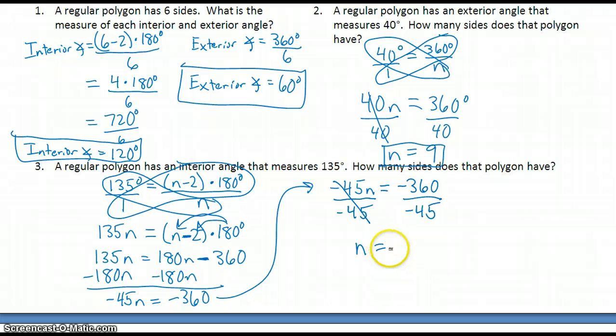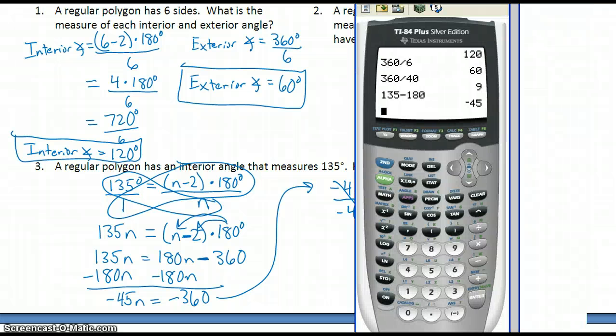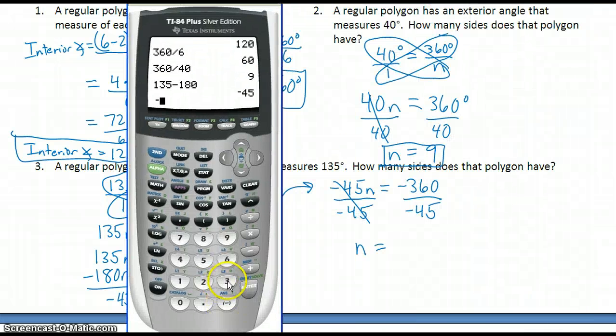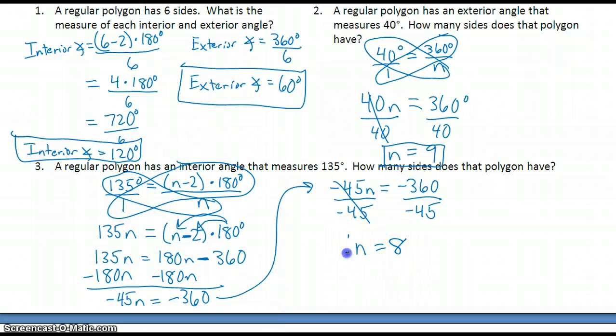I'm left with n equals negative 360 divided by negative 45, which is 8. So the number of sides of this polygon with an interior angle of 135 degrees is 8.